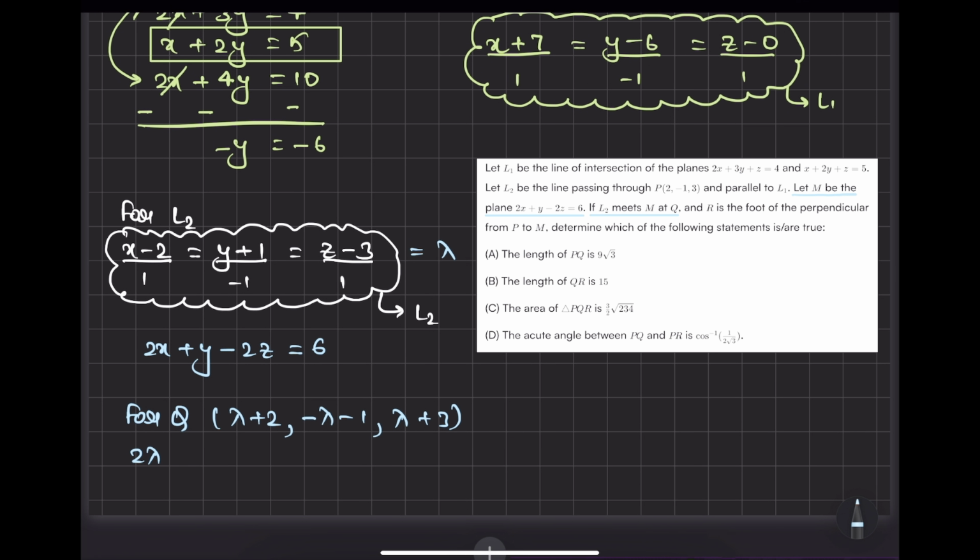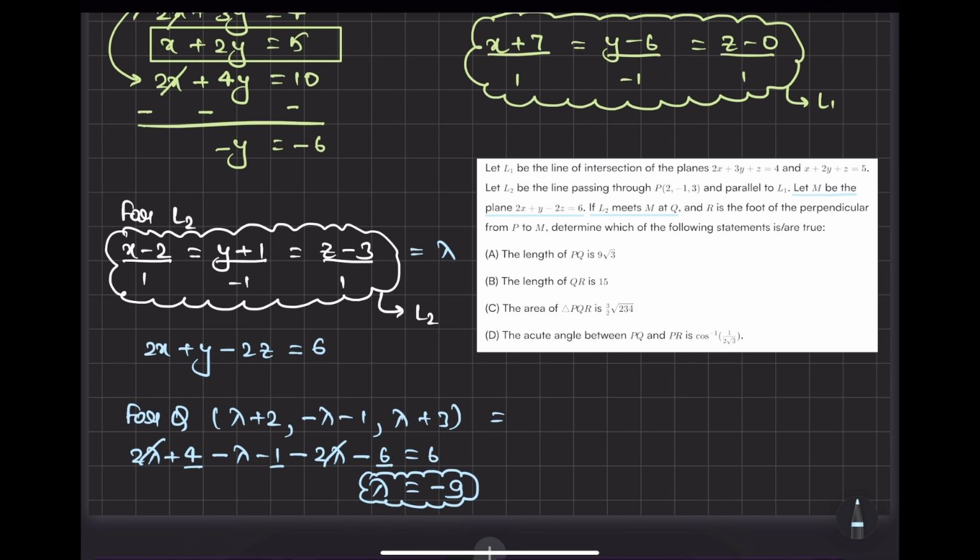So it is 2 lambda plus 4. Then in place of y put minus lambda minus 1. Then minus 2 lambda minus 6 equals 6. So this way we will find the value of lambda. This thing is gone. So lambda goes that side. We are left with 6, 7, 4. So it is minus 3. So it is minus 9. So lambda becomes minus 9.